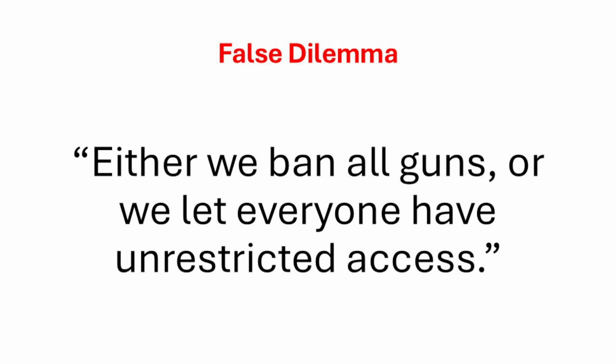Another example of the false dilemma is something we call forcing a choice. Person A says, we should consider funding for arts education in schools, and person B says, so you think we should fund arts education instead of maths and science? We can't afford both.